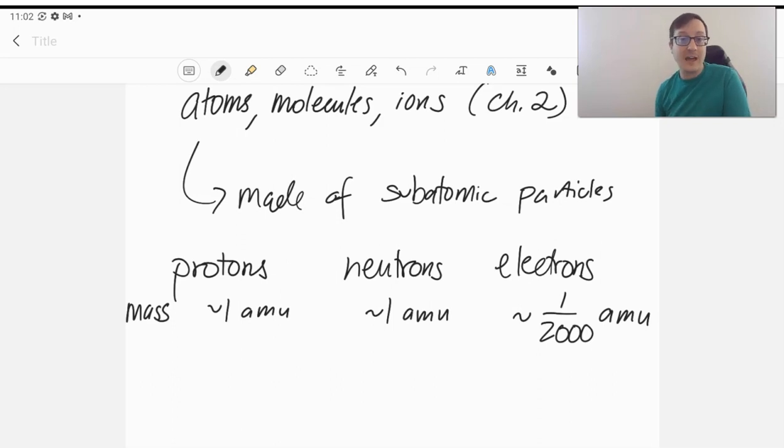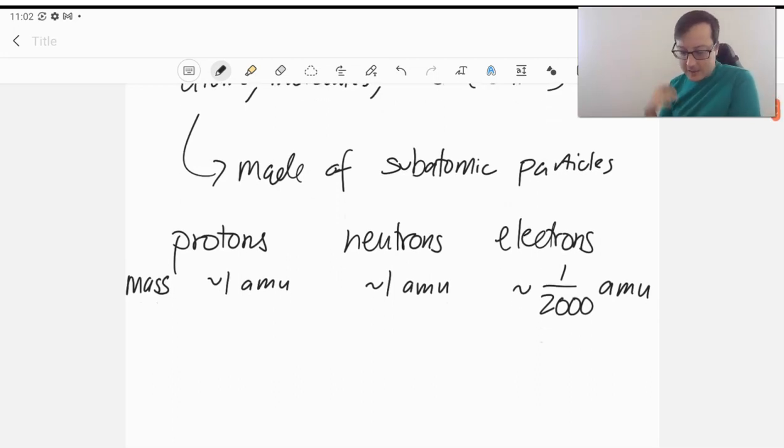Most atoms have quite a few protons and neutrons. As we can see here, since these are 2,000 times more massive than electrons, most of the mass is going to come from the protons and neutrons, 99.98% of it.